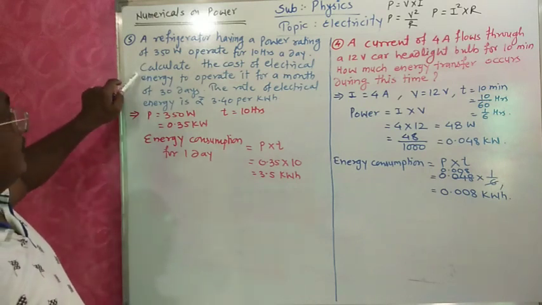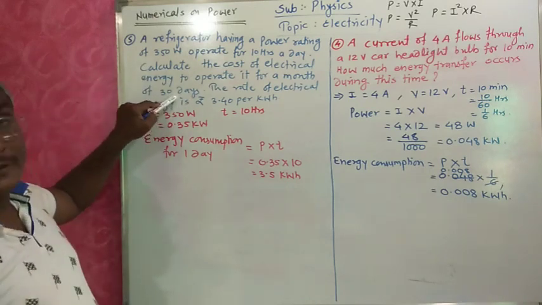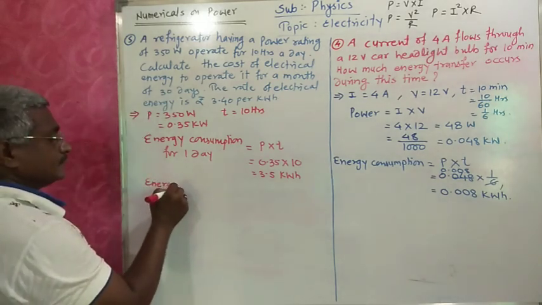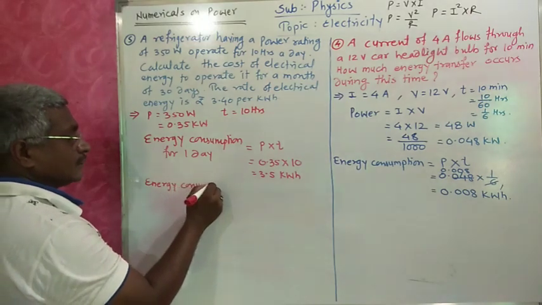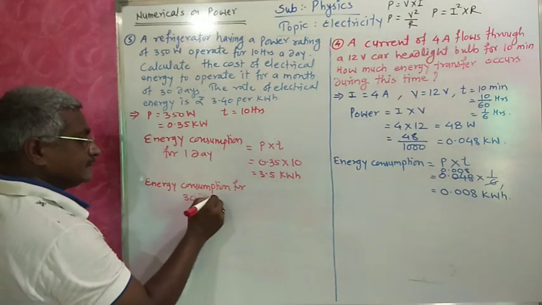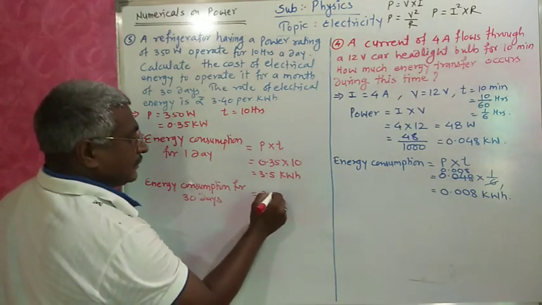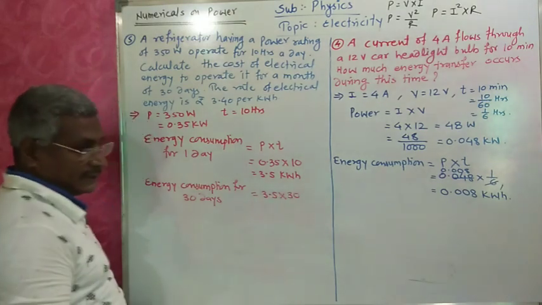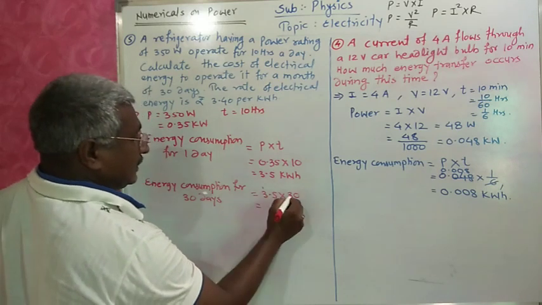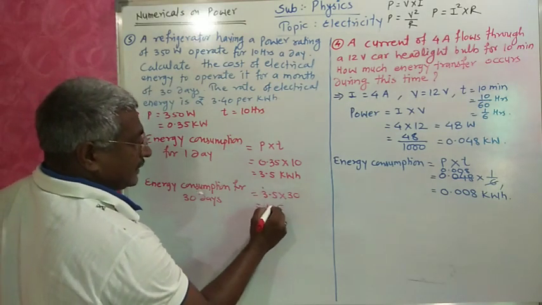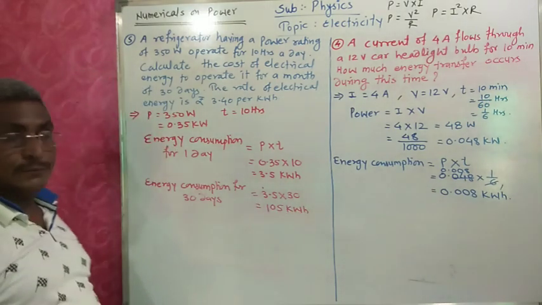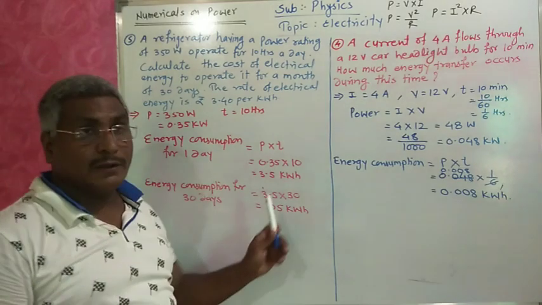But for how many days is it used? For 30 days. So energy consumption for 30 days is 3.5 into 30. So what will we get? 3 5s are 15, 3 3s are 9 plus 1, 10, so 105 kilowatt hour. This is the energy consumption for 30 days.